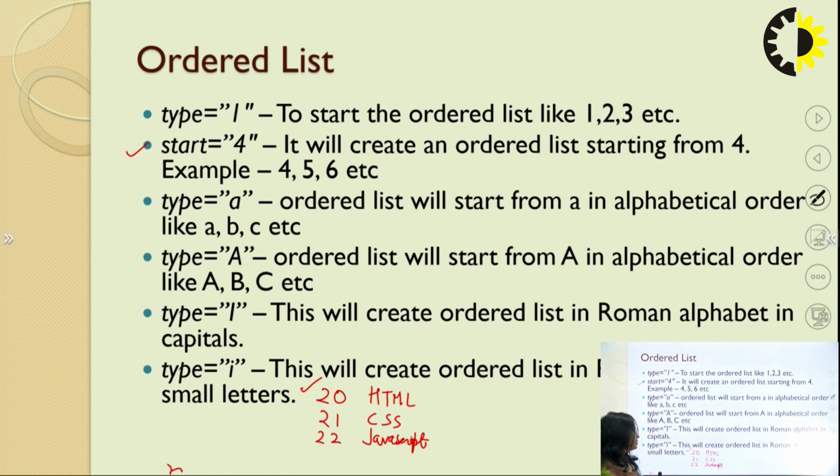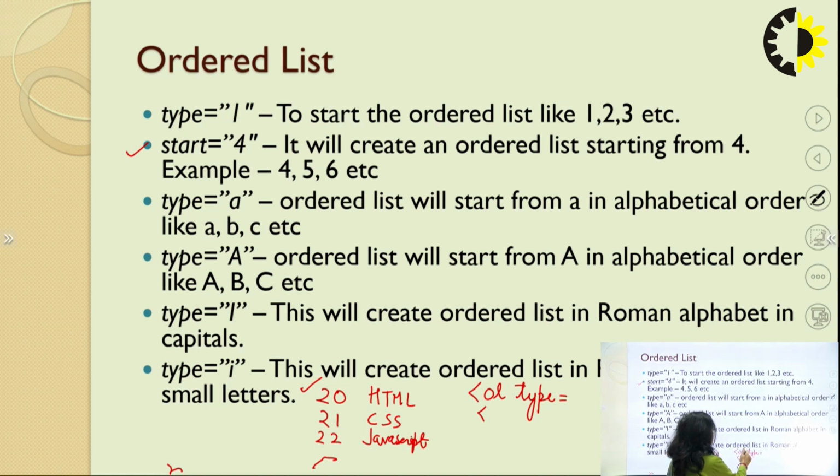So, how can we code this in HTML? In HTML, we can code like this: OL, and here we represent the type, which type of representation we want.